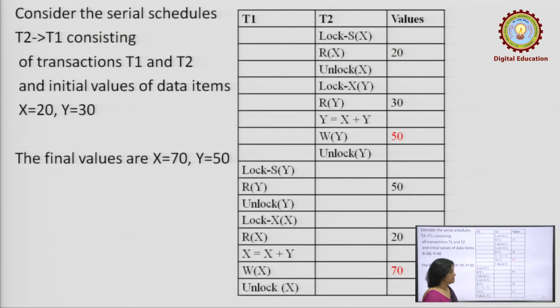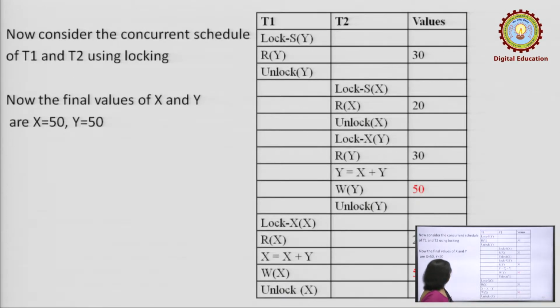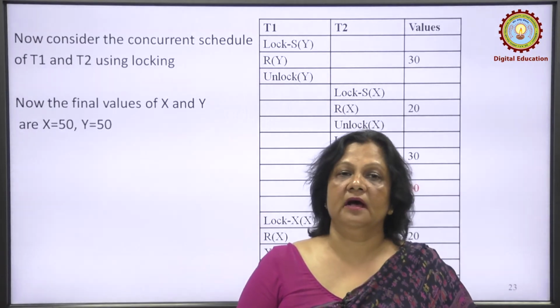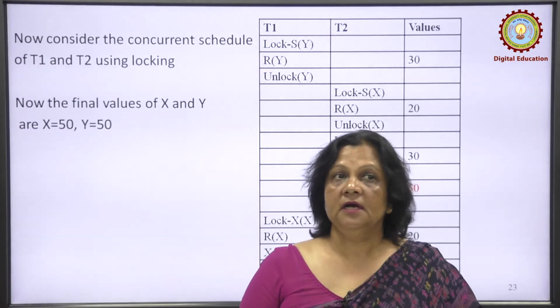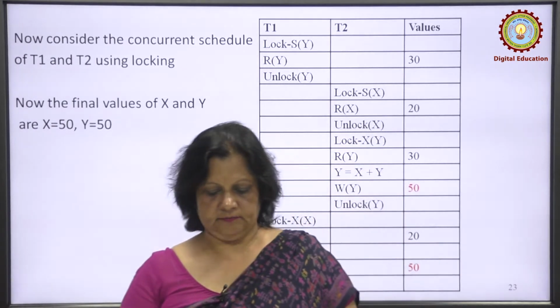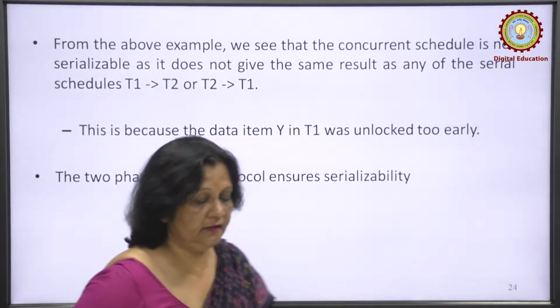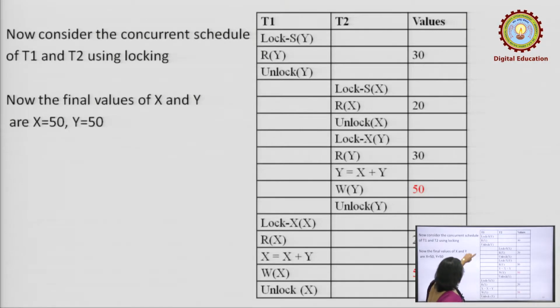So, from these three schedules, we see that this concurrent schedule does not give the final values of x and y the same as any of the two possible serial schedules. Now, why has this happened? This has happened because the unlock of y was performed very early in this case.